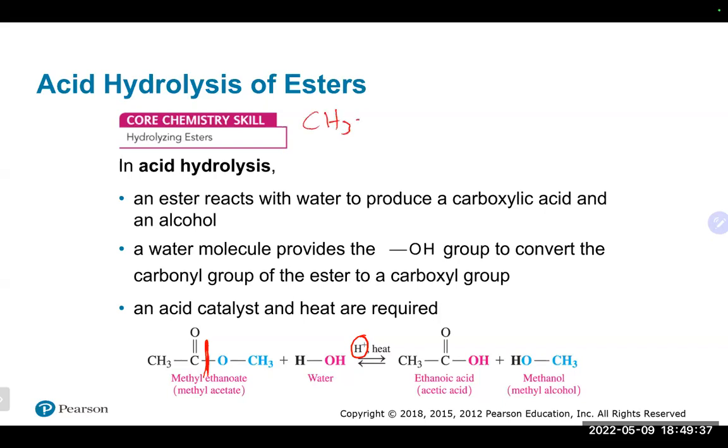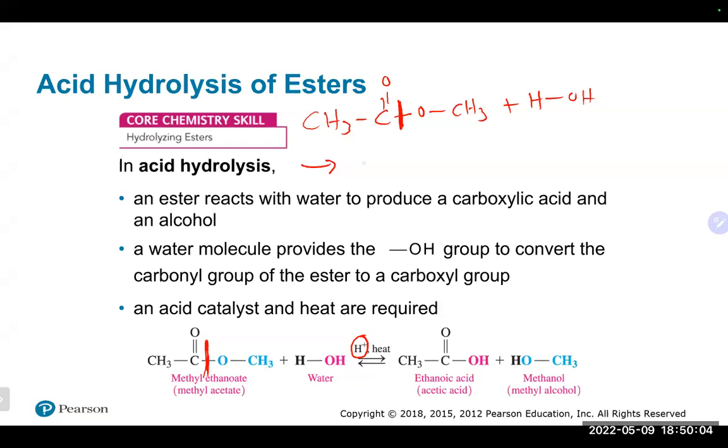Let's draw a little higher here, maybe. Once again, we're going to break it apart exactly where we put it together. In an acid hydrolysis, you get back the carboxylic acid and the alcohol exactly the way it was before.